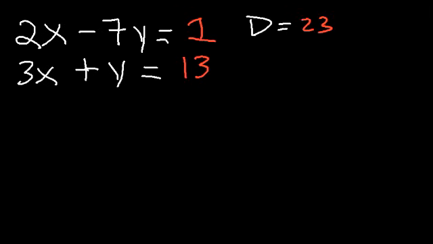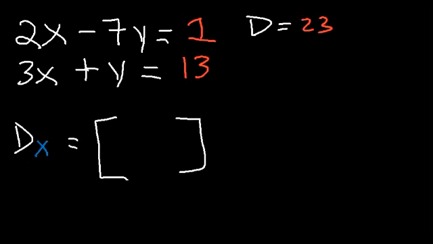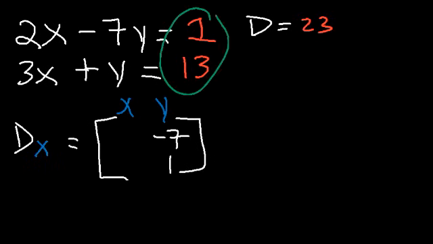Now let's calculate dx. So the determinant for dx as a 2 by 2 matrix, we're going to set it up in a similar way. The y coefficients are negative 7 and 1. But instead of writing the coefficients for x, if you're looking for dx, replace those coefficients with c1 and c2.